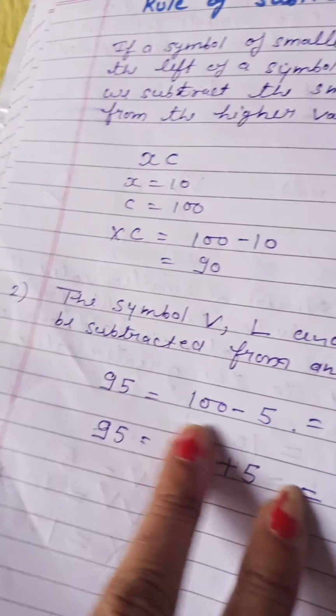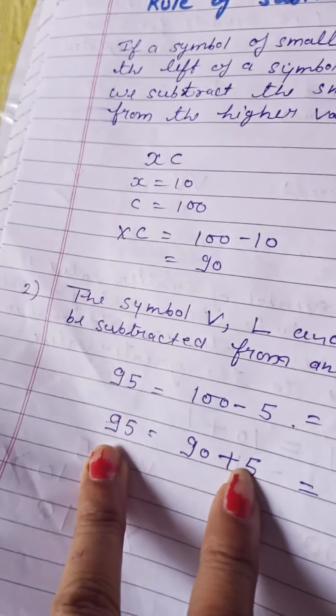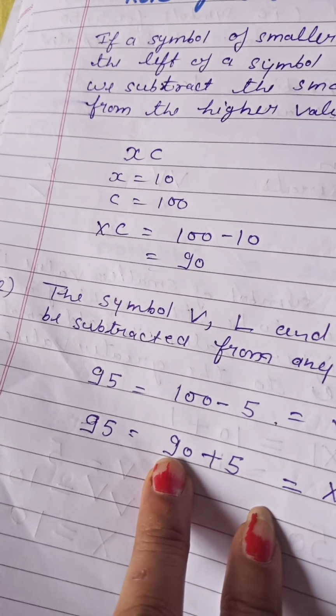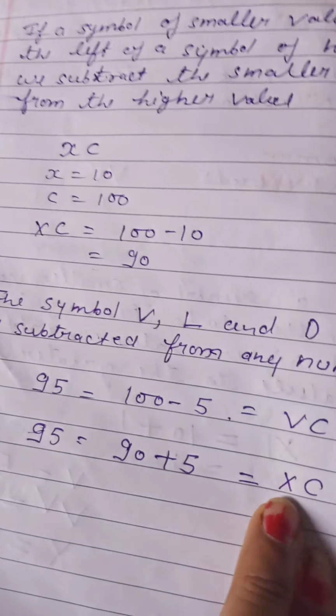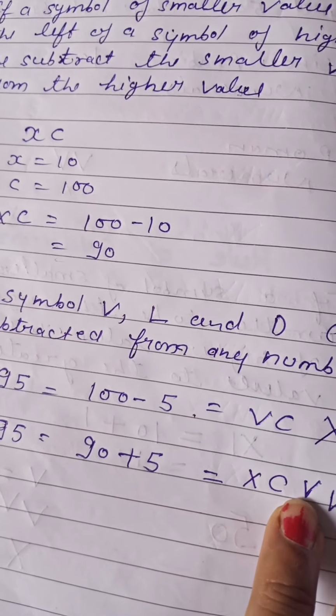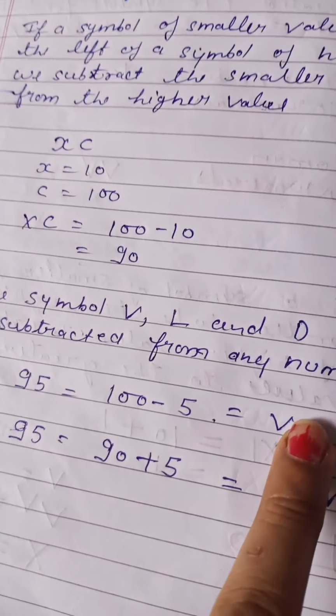We can write 95 as 90 plus 5. First we will write 90, that is XC, and then we write 5. So XCV is a correct value and VC is wrong.